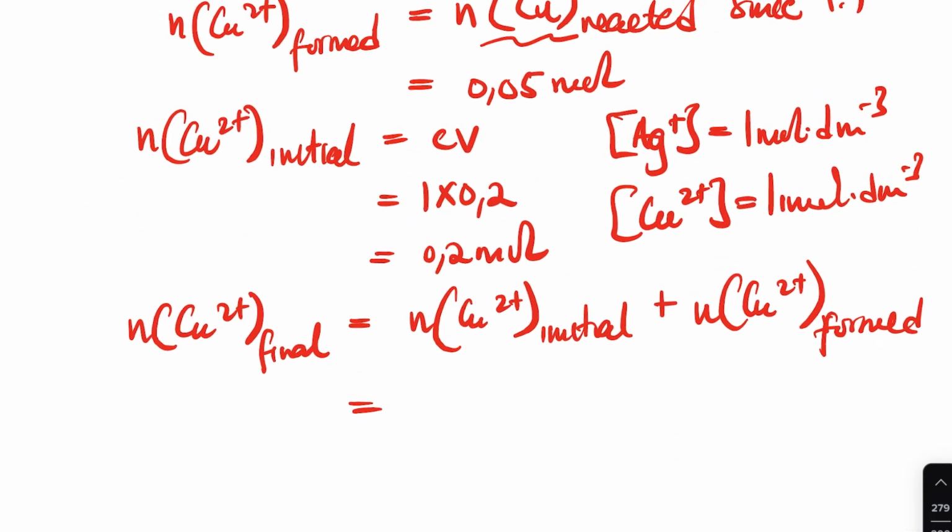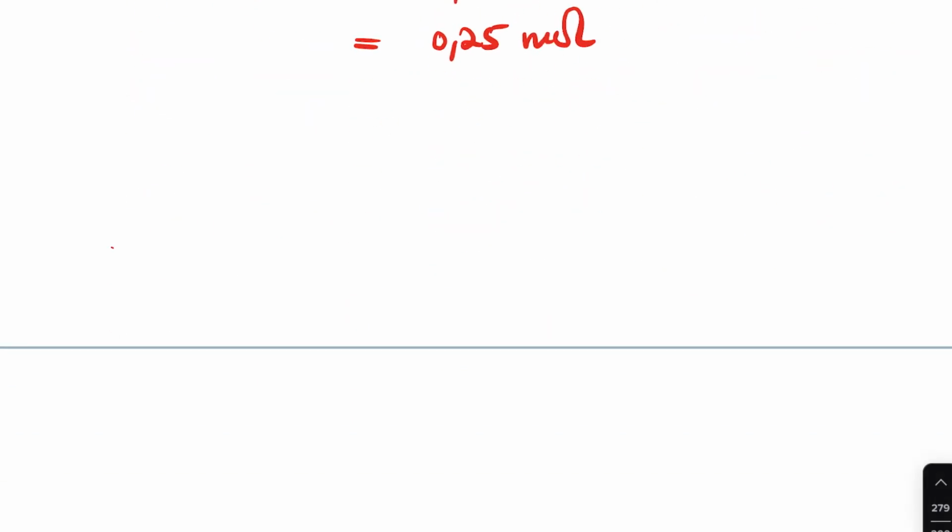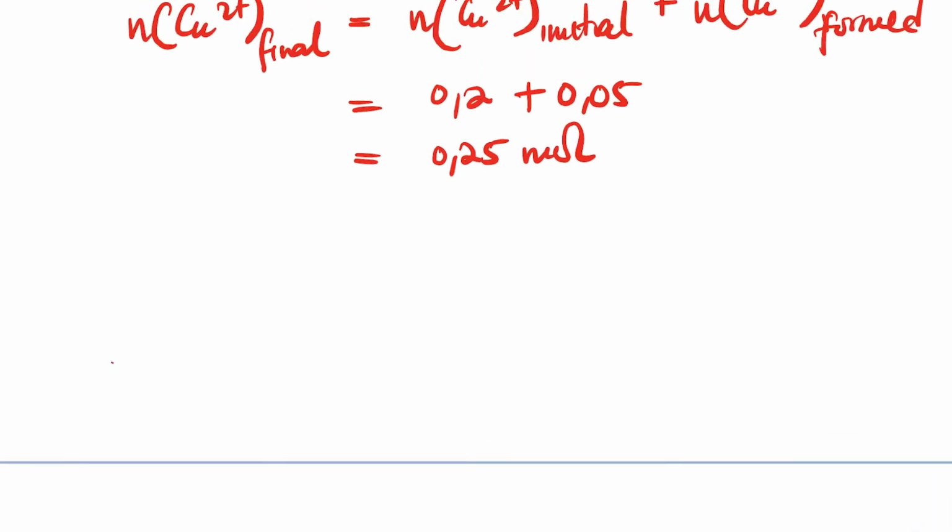So the initial is 0.2, plus the one that is formed, which is 0.05, which will give us 0.25 mole, and then we change that into a concentration.